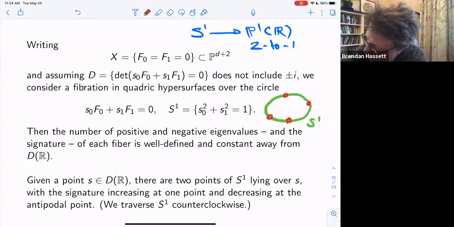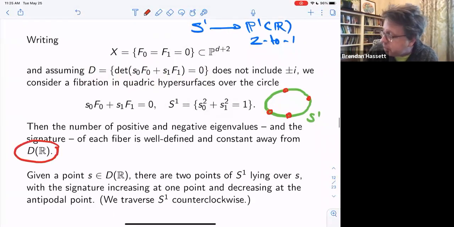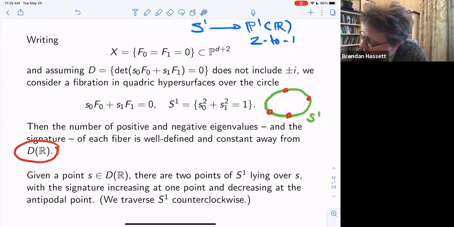These are the real points of DR. There are also complex conjugate imaginary points of DR that I'm not showing here, that to some extent remain in the background for this classification. Now as you transition from one side of a point on the discriminant to the other side, the signatures could either increase or decrease.